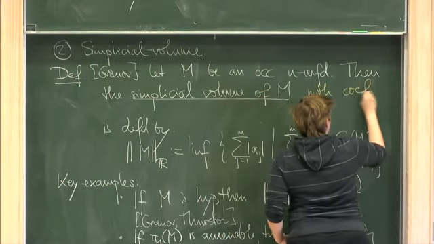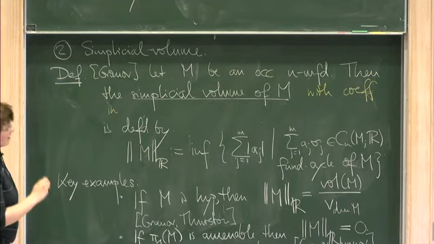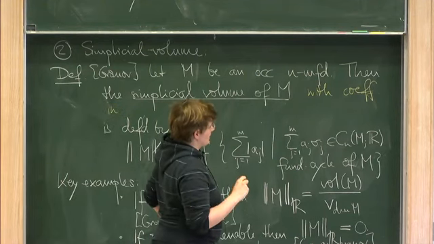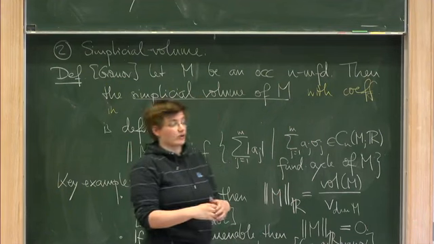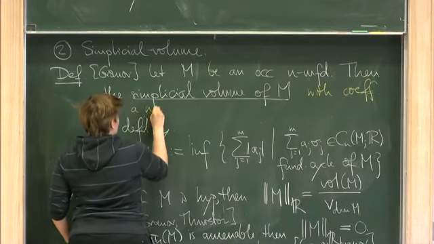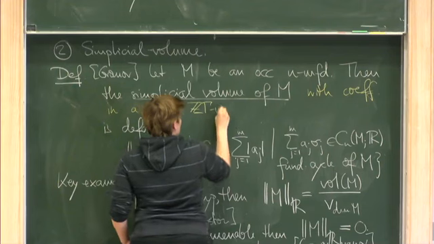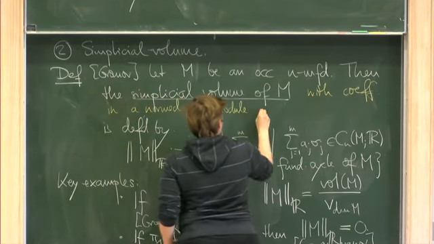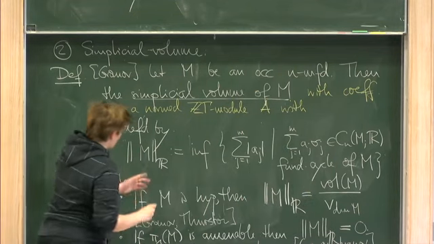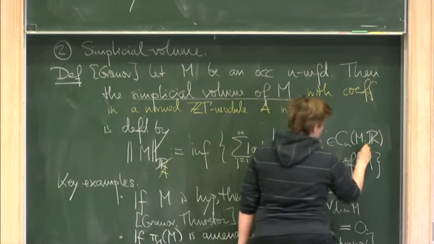Let's add some coefficients. And now for what we want to do in the very end, let me not only use constant coefficients but also twisted coefficients. So with coefficients in a normed Z gamma module A. And now what we want to do, of course, is replace the real numbers everywhere by these new coefficients.